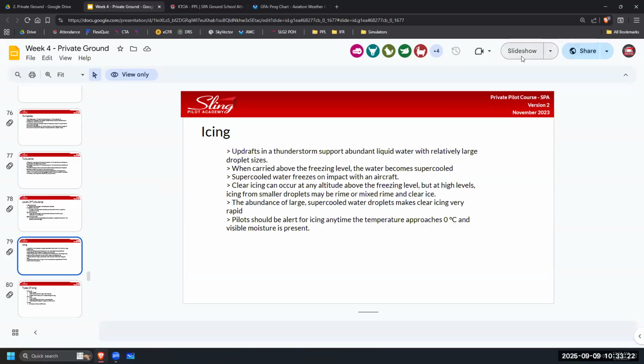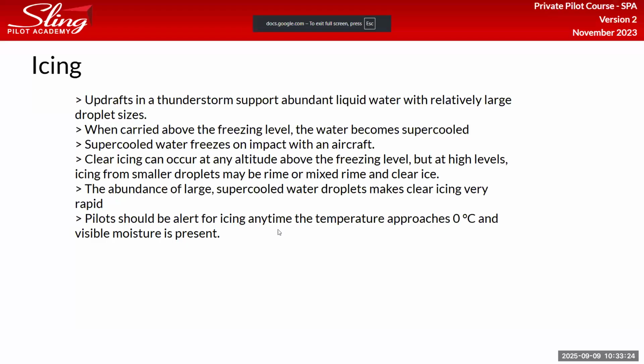Okay, you should be alert for icing anytime the temperature approaches 0 degrees Celsius and visible moisture is present, right? Icing is freezing temperatures plus visible moisture, right? Clear icing can occur at any altitude above the freezing level, but at high levels, icing from smaller droplets may be rime or mixed.